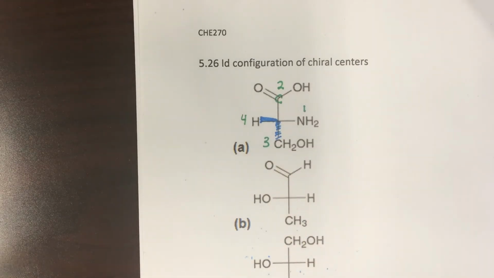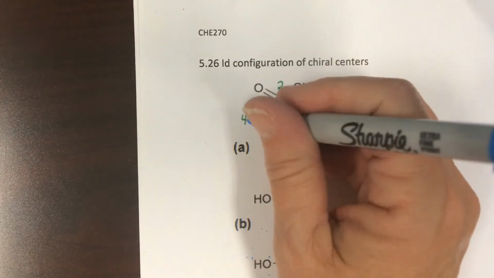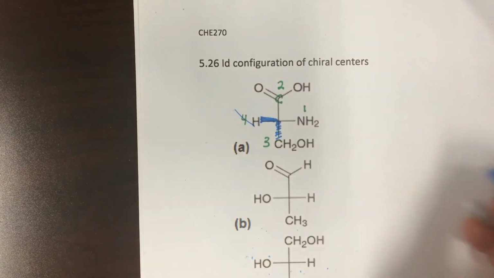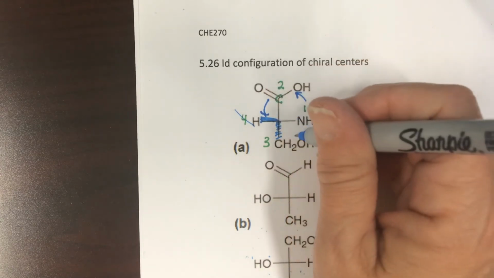Then we can look at this diagram. We're not going to count the 4. Go 1, 2, 3.